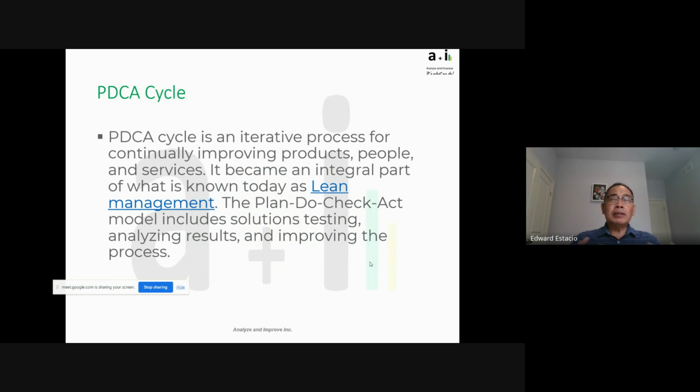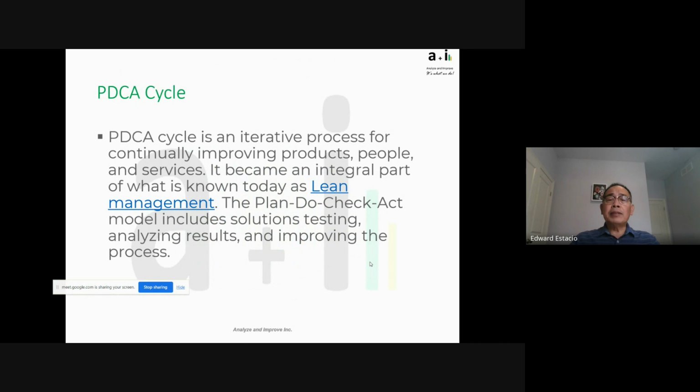How do we manage improvements? It's also a model that includes solutions testing, analyzing results, and improving the process. Most of us have been involved in problem solving or in continuous improvement projects before, but in some cases, it goes back to where it was.